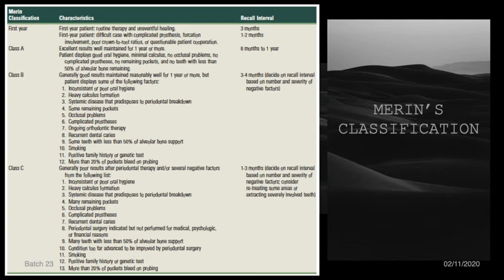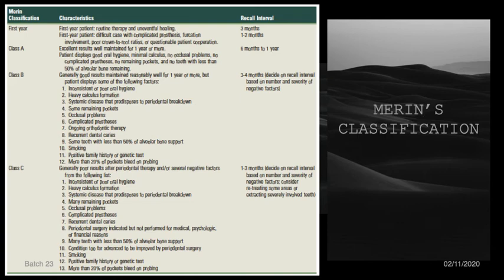Class B patients are patients who have generally good results, maintaining reasonably well for the first 1 year, but have some problems like inconsistent or poor oral hygiene, heavy calculus formation, systemic disease, some remaining pockets, occlusal problems, complicated prosthesis, ongoing orthodontic treatment, recurrent dental caries, some teeth with less than 50% of bone support, smoking, positive family history or genetic history, or more than 20% of pockets bleeding on probing.